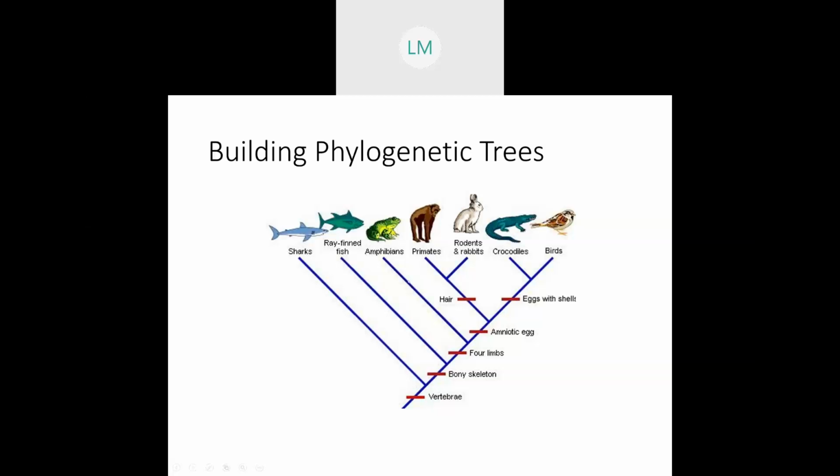If there's something that only these groups have, we could put it up here as well, right? Like amphibians have this special type of breathing called cutaneous breathing, where they can actually breathe through their skin. So we could put a little tick on this line up here and say cutaneous breathing, because amphibians are the only thing that have that trait as well.